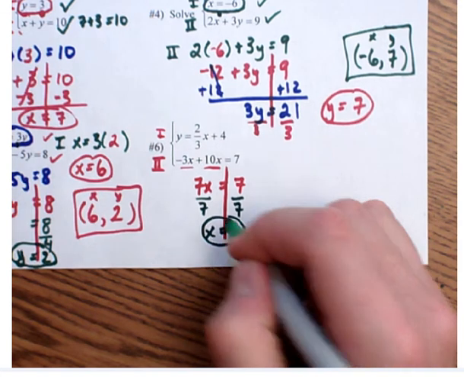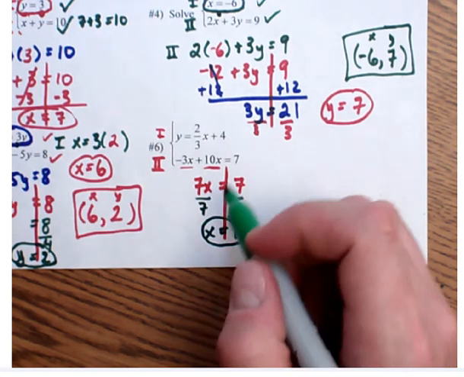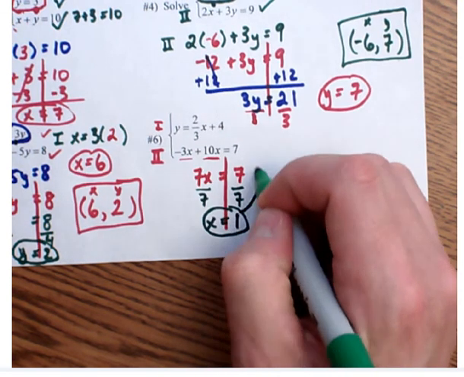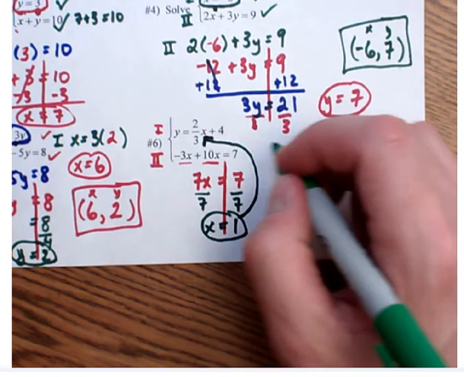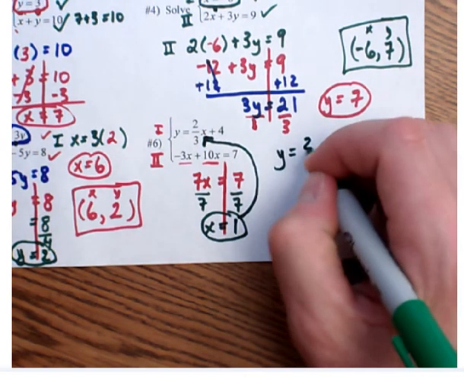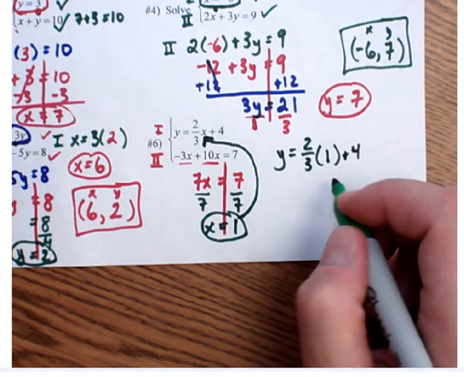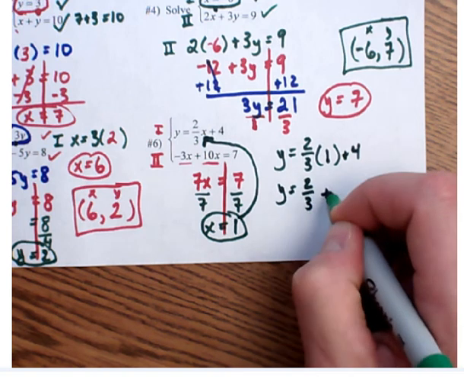So we found the x value. Now we need the y value. Let's go back to the top equation. Let's go back to equation 1. I'm going to put the 1 value in for x. So we're going to write it over here. Y equals 2/3 times 1 plus 4. Now you can do 2/3 times 1 is 2/3 plus 4.